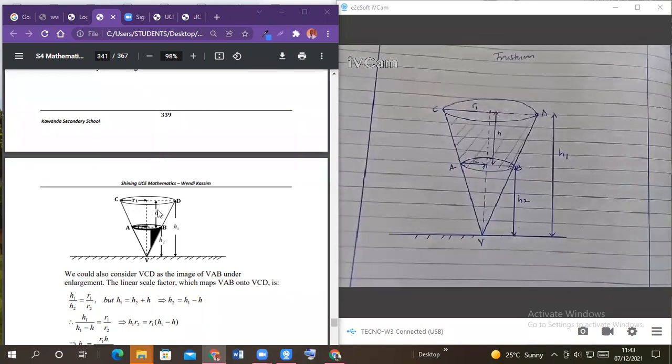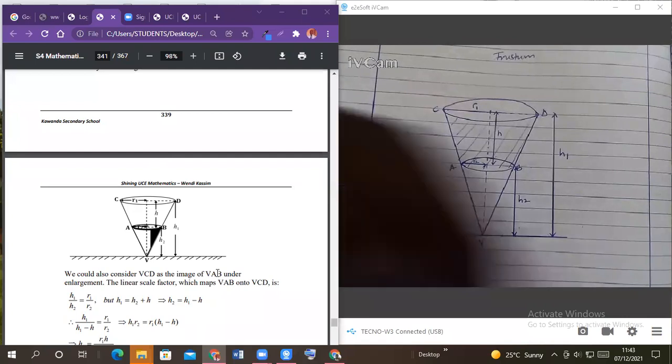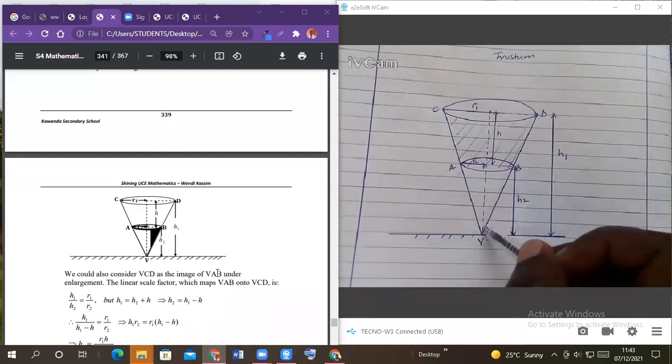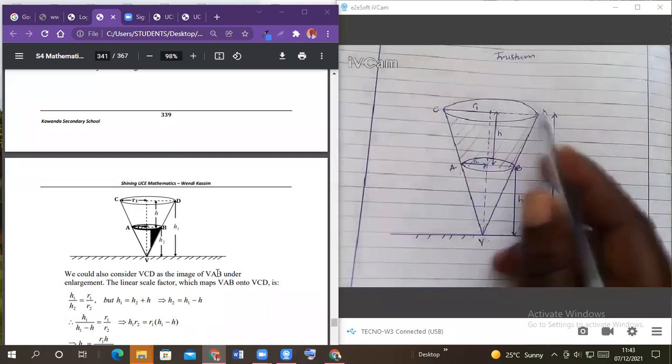So we are going to consider VCD as the image of VAB. They are saying that VCD is the image and VAB is the object after enlargement. VAB was the object, and when it was enlarged, it became VCD.